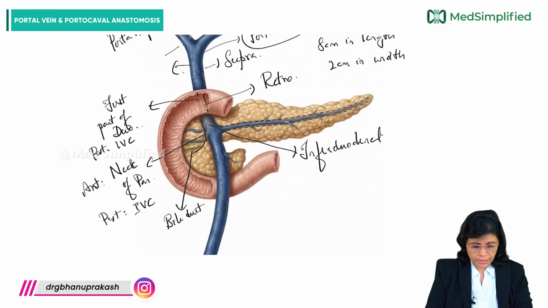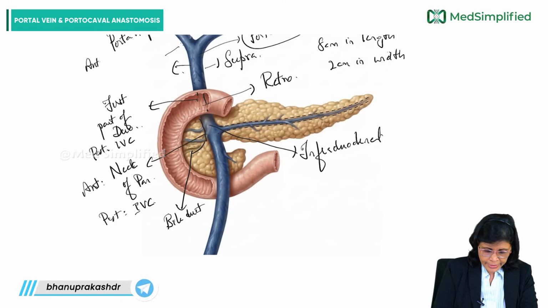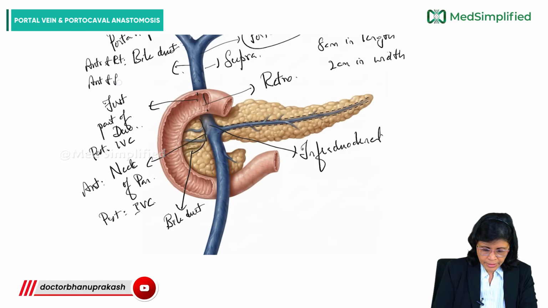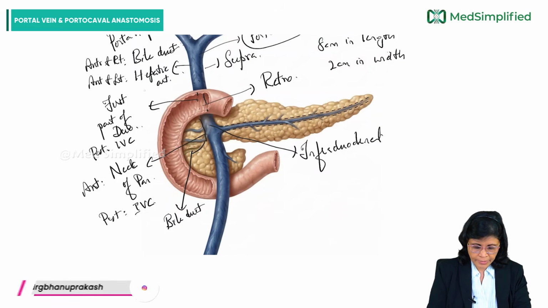In front of this supraduodenal part and to the right, there will be the bile duct. In the front and to the left will be the hepatic artery, which is surrounded by the hepatic plexus of nerves as well as the lymphatics.